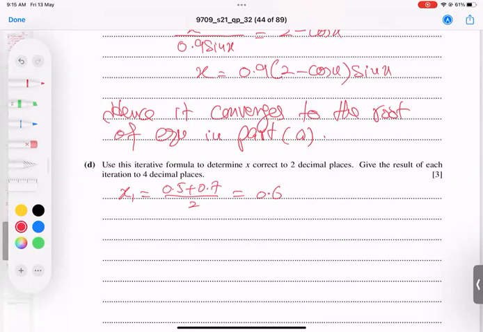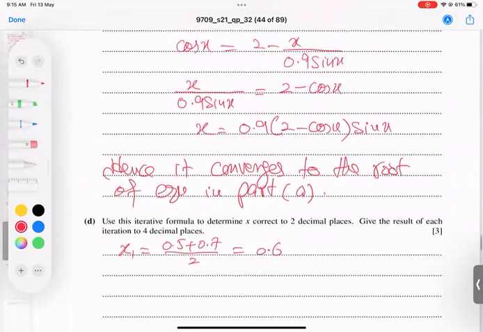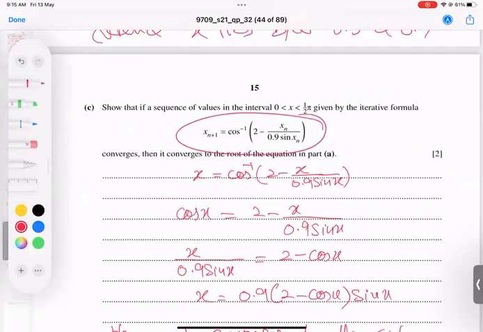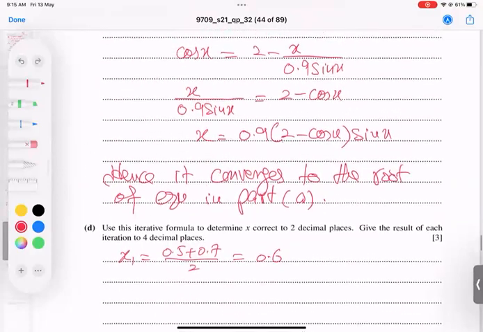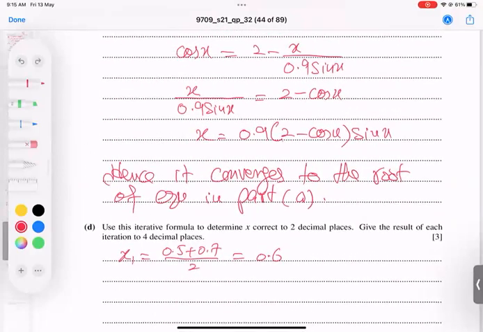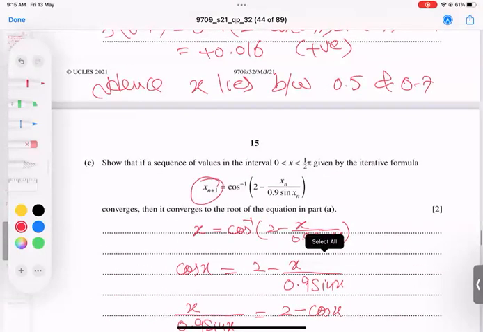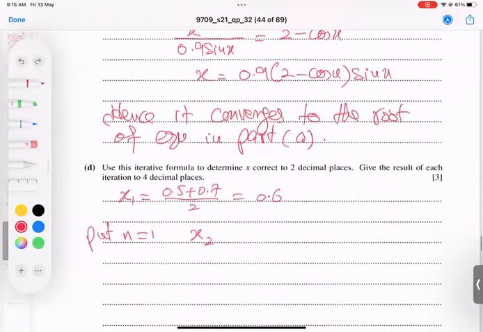Okay, after this, what is the plan? I will use the iterative formula, which is here. So first of all, I will plug in n equals 1. One minute, please. Formula is, so put n equal to 1. So when I put n equal to 1 here, 1 plus 1, the n value is 1, 1 plus 1 is 2, cos inverse.